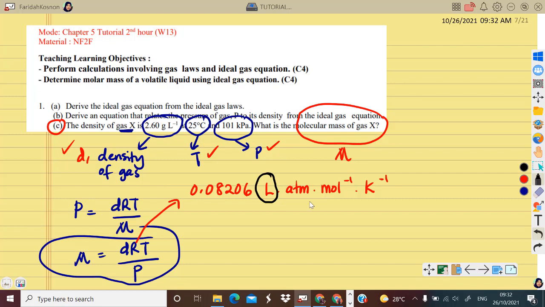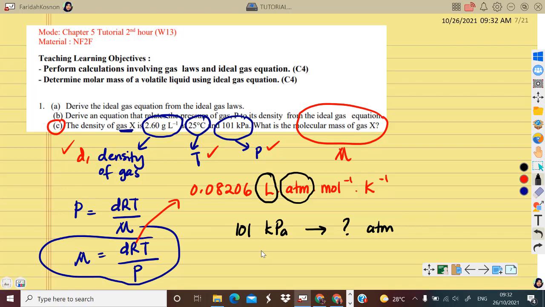Liter tu adalah unit volume, isi padu. Dalam unit R ni ada satu unit pressure which is ATM. Tapi dalam soalan dia bagi pressure tu measured in kilopascal. So unit tak sama. Jadi bila unit tak sama, you kena convert 101 kilopascal kepada berapa ATM.